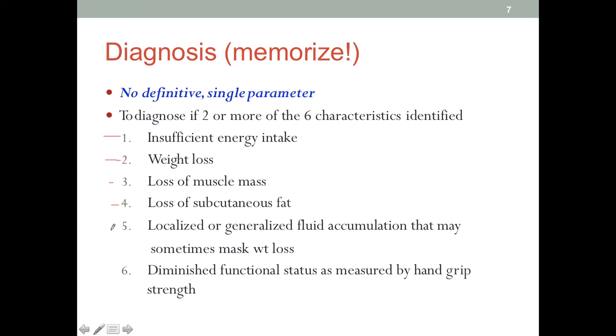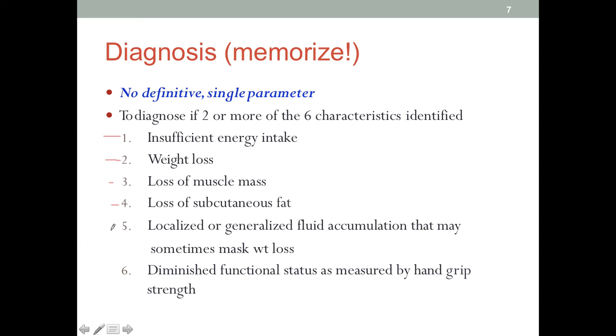Also, localized or generalized fluid accumulation may sometimes mask weight loss. Maybe the patient weighs the same as they did last month, but they look a little different. We might be seeing pitting edema in their lower extremities.